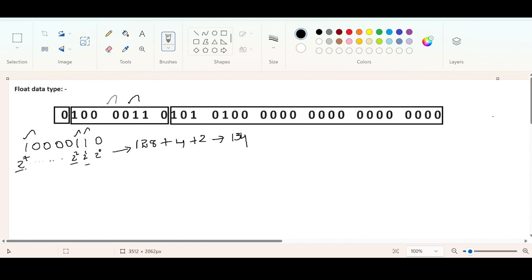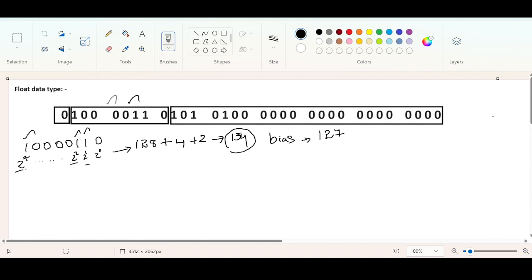The exponent component has been converted to the equivalent number. We should focus on one more thing here. Yesterday I was telling about something called bias. For now, if I say bias, just think that it is 127. The value of bias is 127.